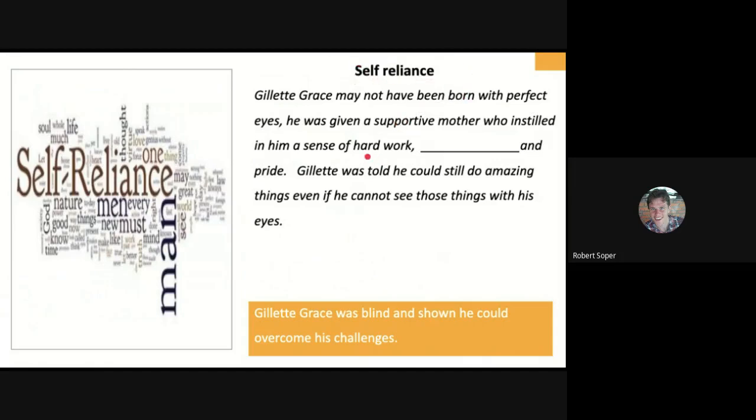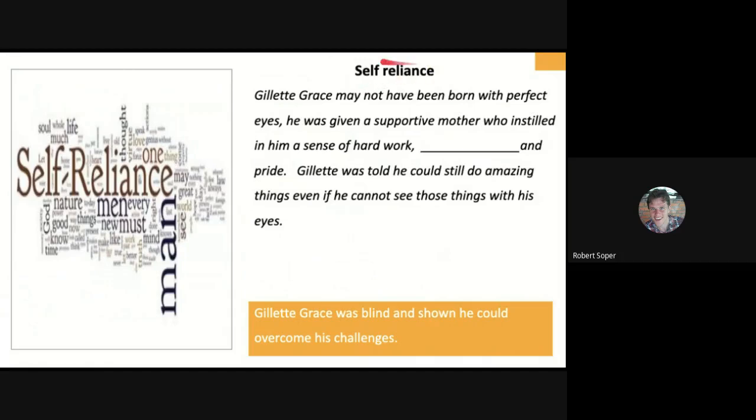The clue here was something we call parallel structure. So hard work here is the noun. Pride is a noun. And as a result, following the parallel structure, we're going to need a noun here. And self-reliance is a noun, so that's fine.